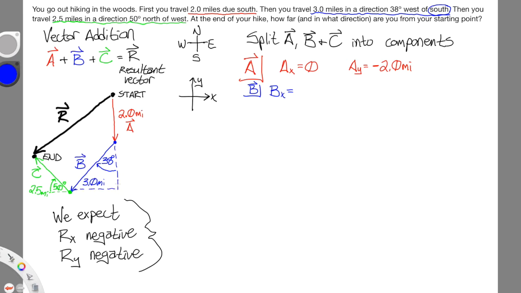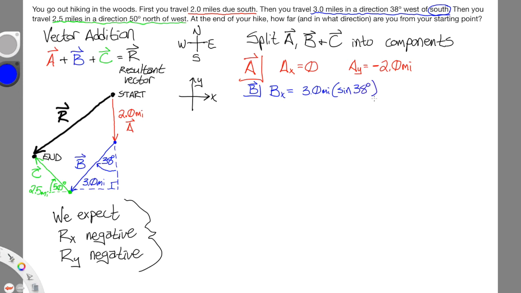Here's the triangle made by vector B, and the x component of vector B is going to be the opposite component of that triangle. So what we'll need to do is take that 3 miles and multiply it, since it's the opposite, by the sine of our angle, 38 degrees.